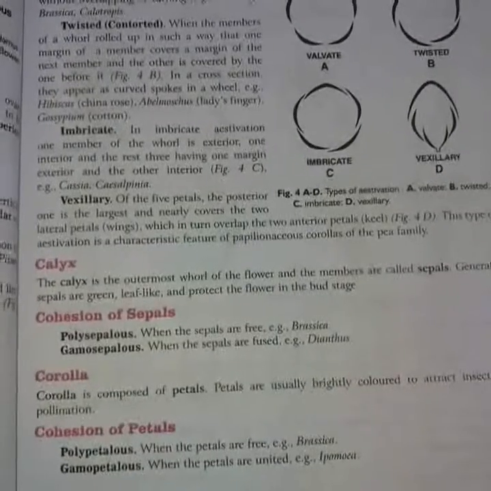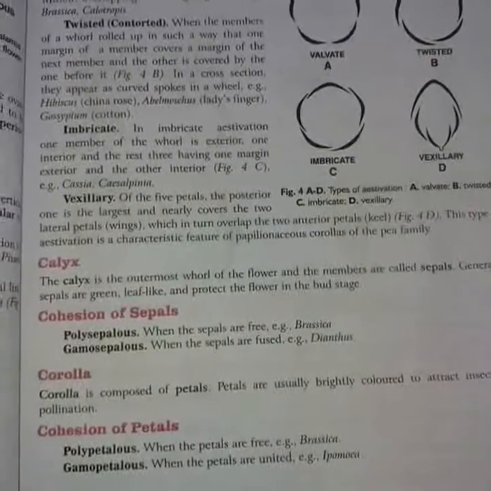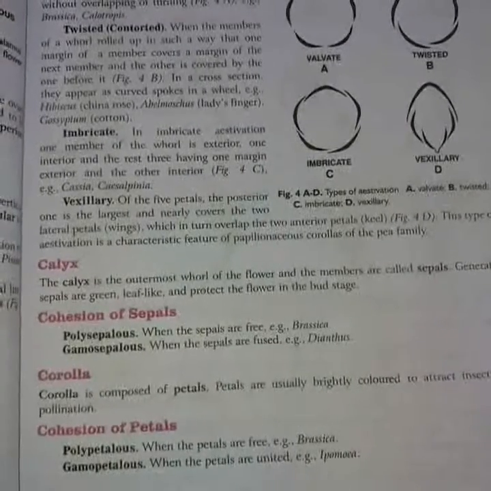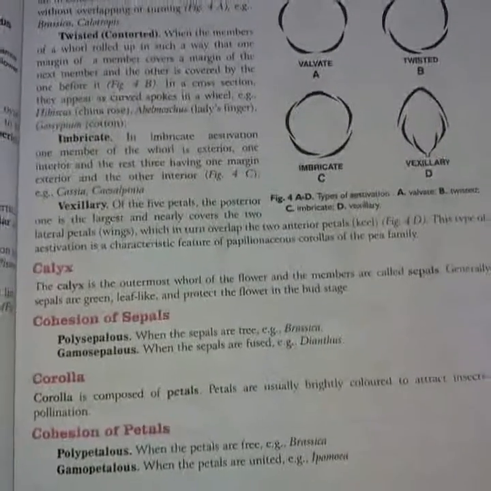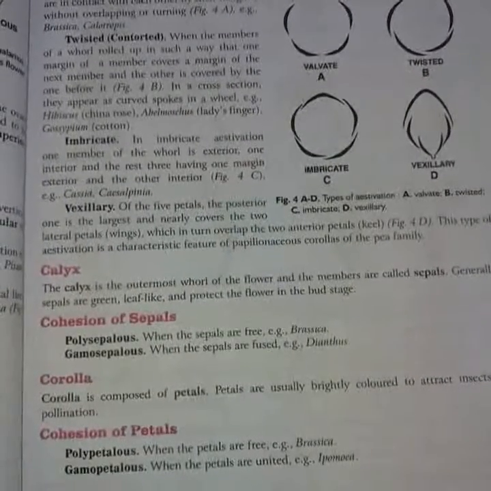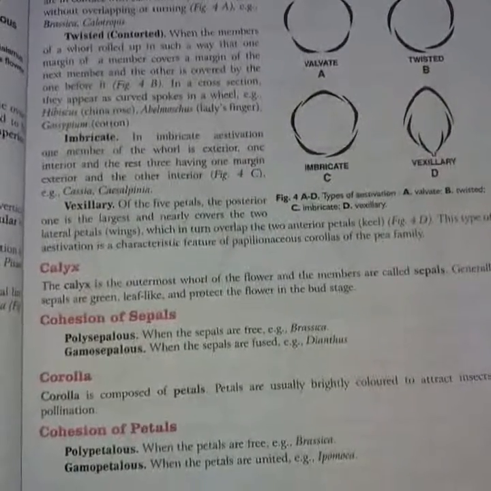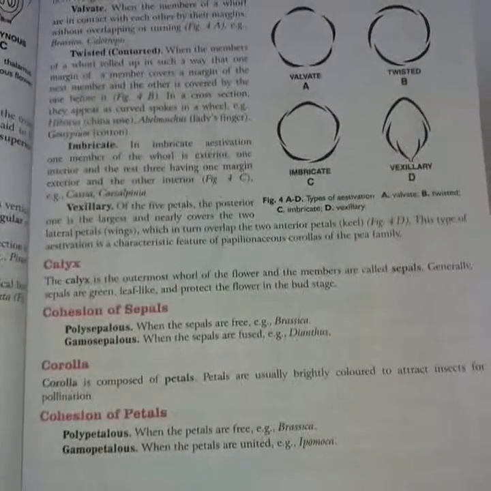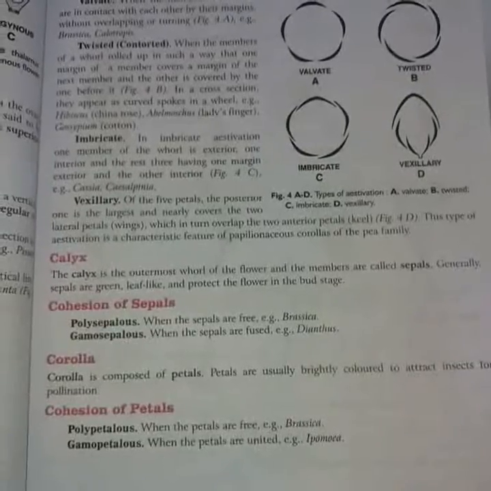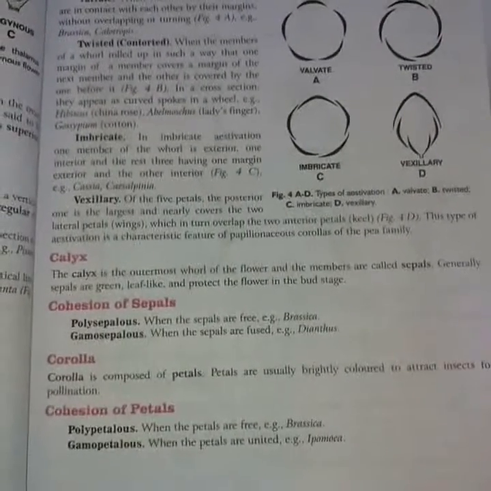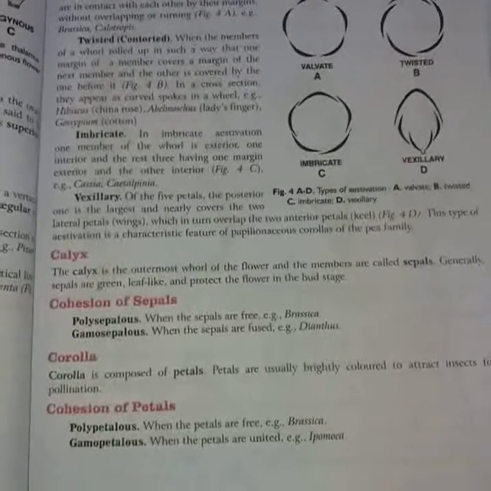Next is gamopetalous, when petals are united or joined to each other. For example, Ipomoea. Ipomoea is gamopetalous because in this flower all petals are united or joined.